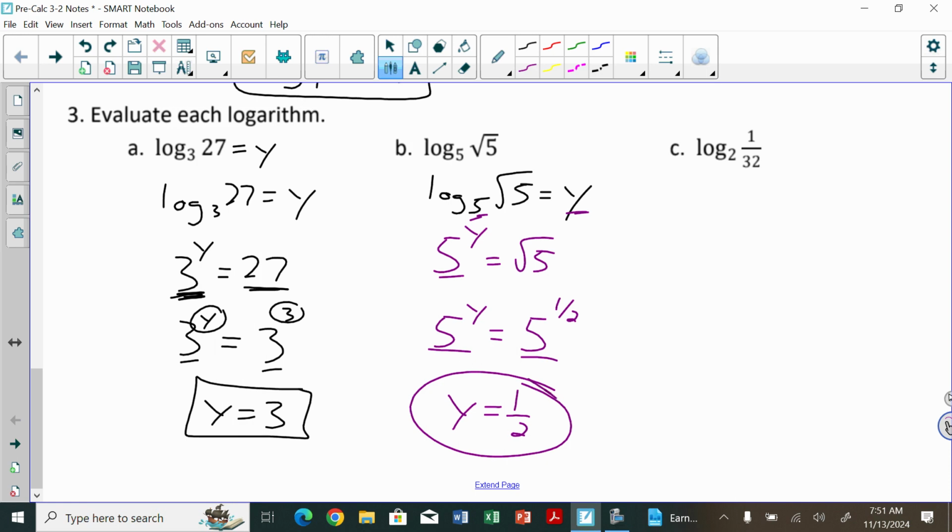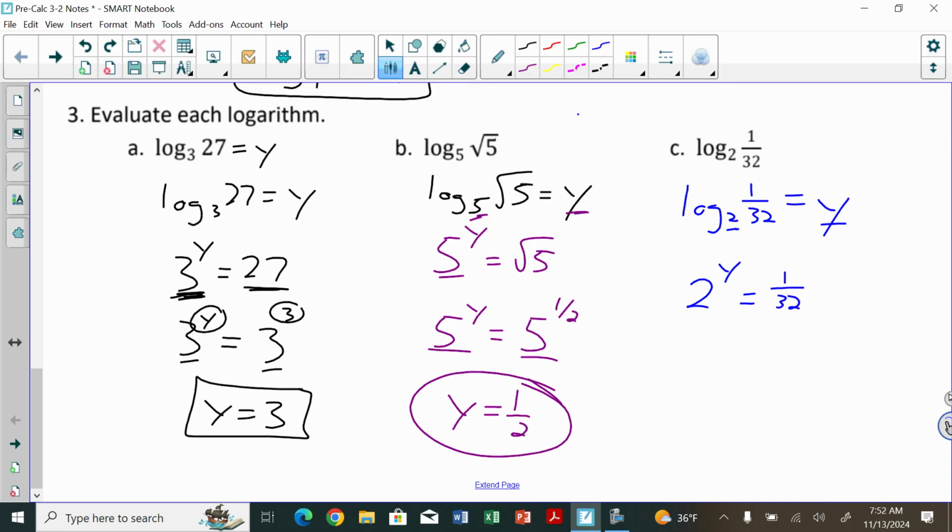All right. Finally, the last one. So again, if I set this equal to y, I go log base 2 of 1/32 equals y. If I rewrite that in exponential form, it would be the base 2 to the exponent y equals 1/32.